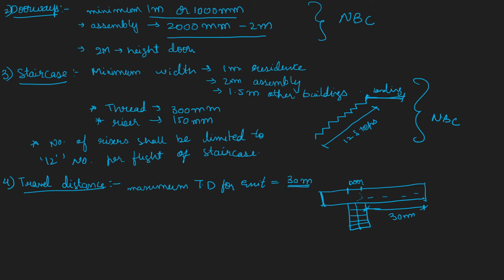You should not exceed this. In case of a dead-end corridor, the distance should be a maximum of 6 meters. This is for education and assembly buildings. For other buildings, dead-end corridor can extend up to 15 meters. So this is about travel distance.